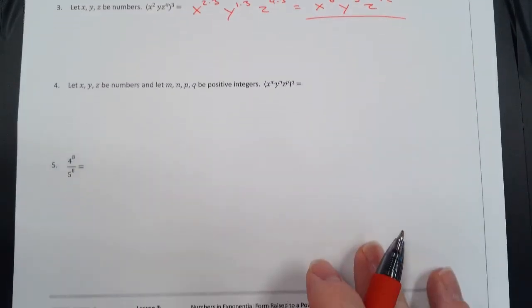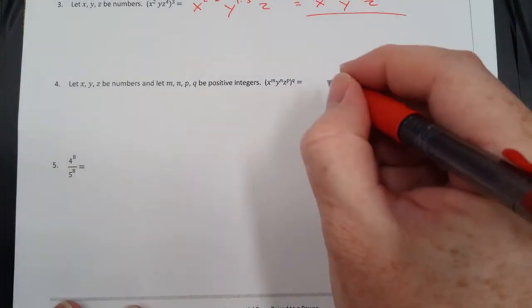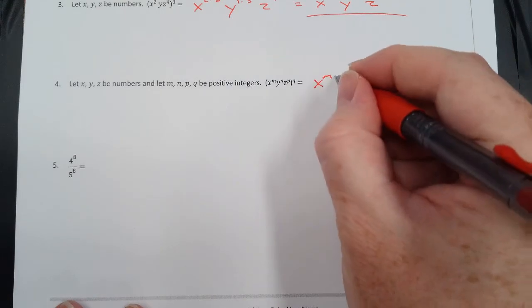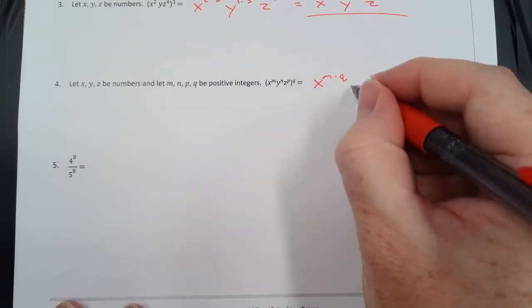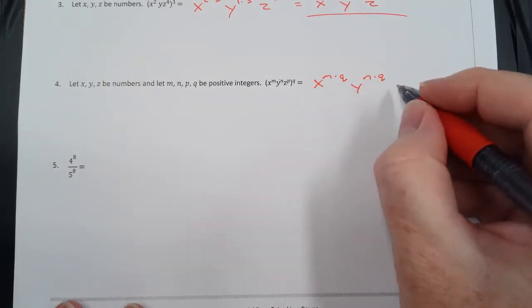Now number 4, they just did all variables. But you still know how to do that. It's the same pattern. You have x to the m, and the q gets passed to it, so times q. You have y to the n, and the q gets passed to it, times q.